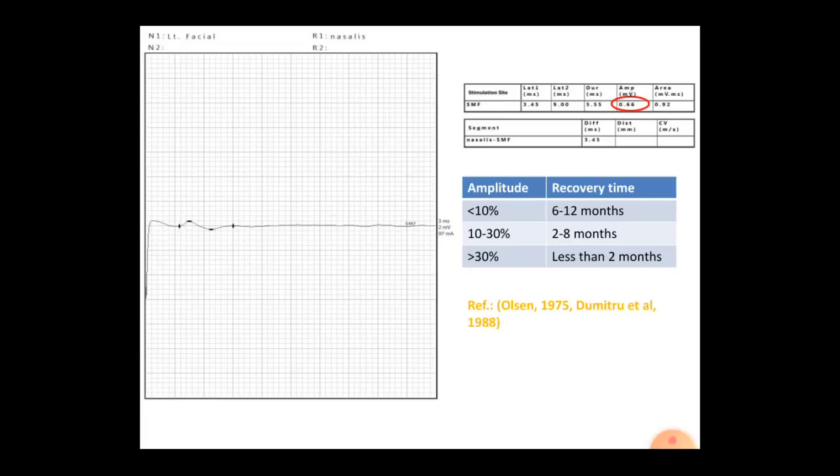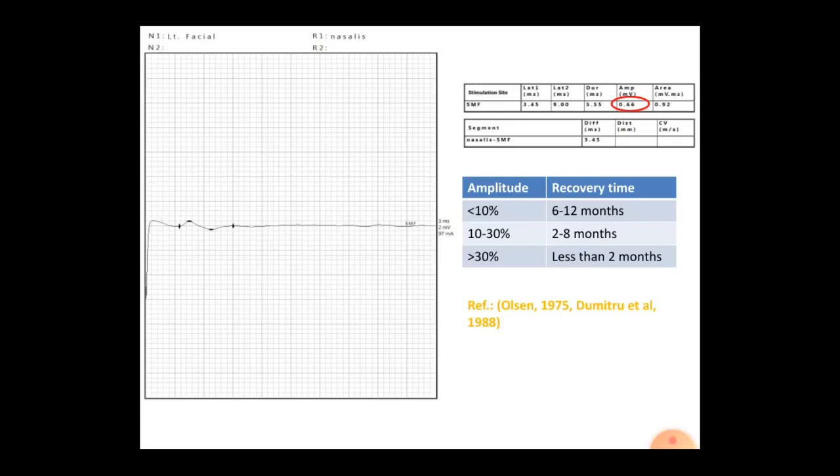In conduction block, we were comparing proximal and distal amplitude. In Bell's palsy or facial palsy, we are comparing the amplitude of the right and left side. So here the affected side should have amplitude lesser than 50% as compared to the amplitude of the normal side.